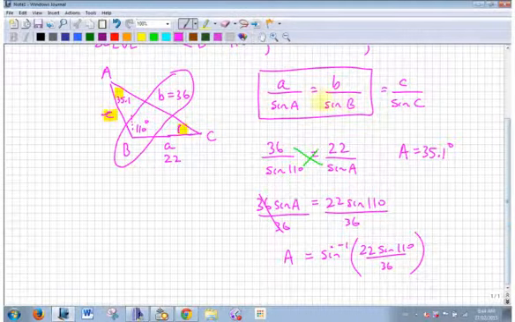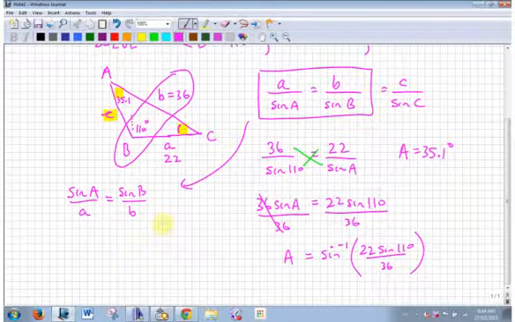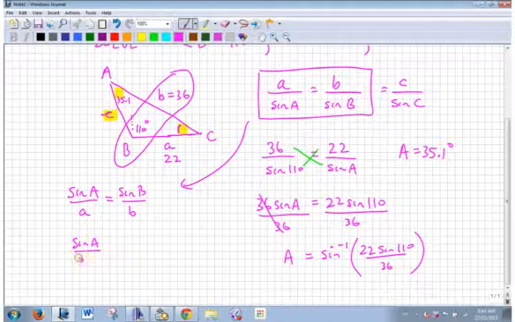Something I didn't tell you, but you can do this. And you might have noticed it's in the book. This isn't the only way to write sine law. I can also write it like that. If it's an angle you're solving for, maybe you want to write it like that with the angles on top, because then it'll save you one step algebraically. Sine A is what I'm trying to solve for.